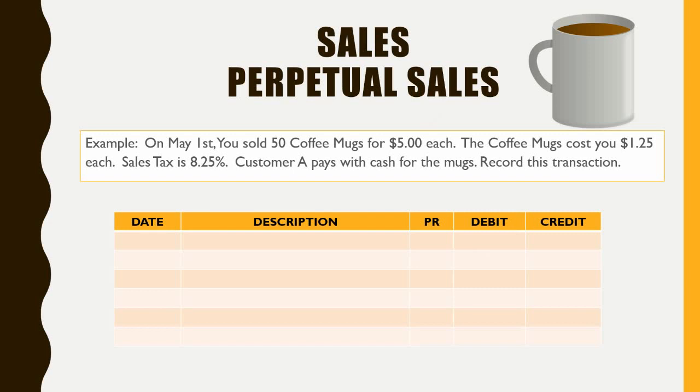So what are we doing now? We need to recognize what accounts. Cash. Cash, good.